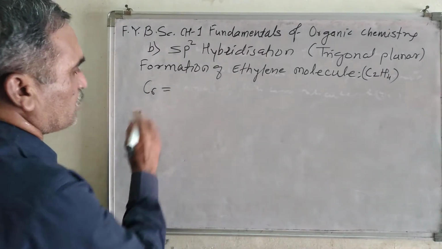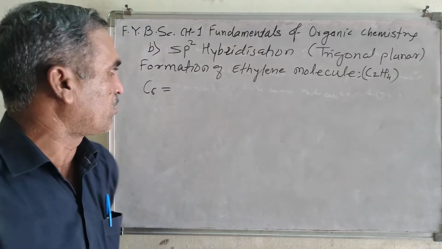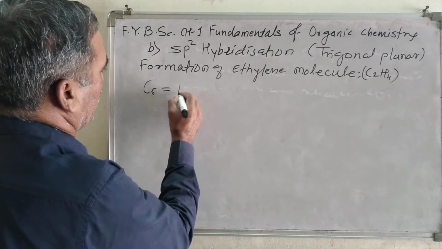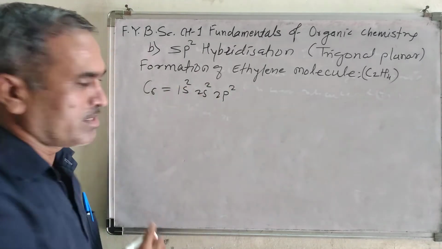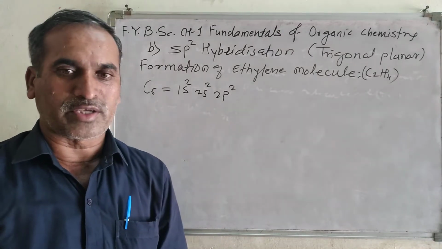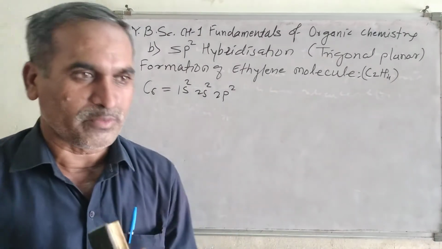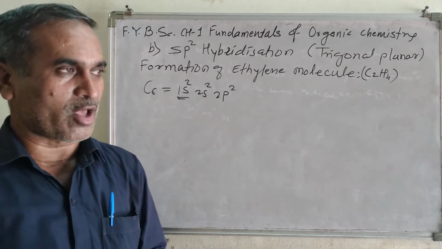As usual, we know the electronic configuration. How to write the electronic configuration? Everybody knows that, it is 1s2, 2s2 and 2p2. That is the general electronic configuration. Now the 1s orbital is an inner shell orbital.